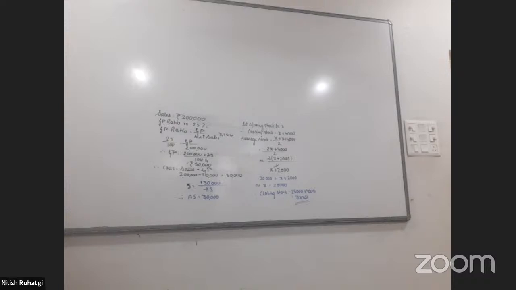Opening inventory 60,000. क्लोजिंग इन्वेंट्री 1 लाख, स्टॉक टर्नओवर रेशियो 8 टाइम्स, selling price 25% above cost, compute amount of gross profit and revenue from operations.